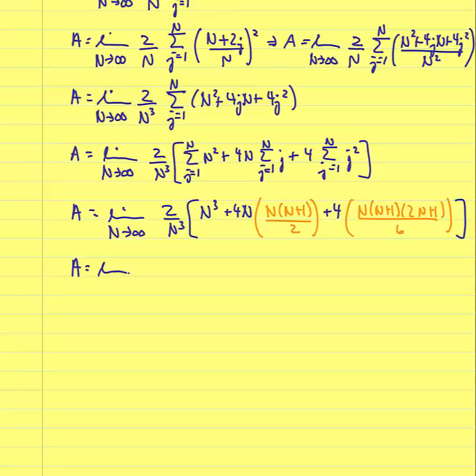Okay, so we still haven't taken a limit. I want to get this to a point where I can take a limit as soon as possible before any mistakes can occur. There's quite a bit of simplification. 2 goes into 4 twice, and 4 and 6 cancel to 2/3. So that's a little bit of a help. So here I have n cubed plus, so 2n times n is 2n squared.